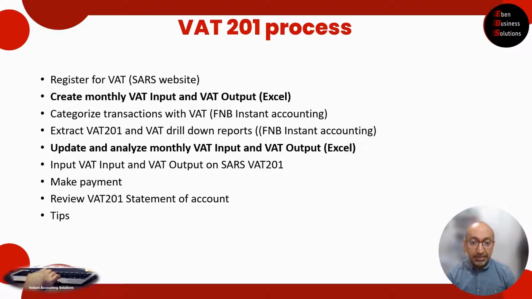Then using FNB Instant Accounting, categorize your transactions which have VAT, extract VAT 201 and VAT drill down reports on a monthly or every second month so that you can gather the information to place onto your VAT returns. But before you put it onto your SARS VAT return, update that information and analyze it on your VAT input and output Excel sheet.